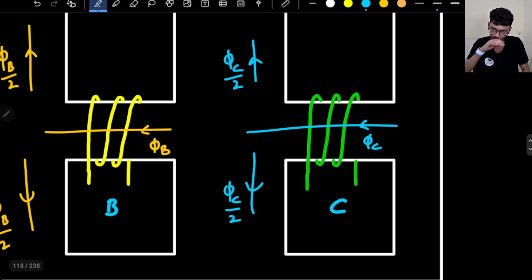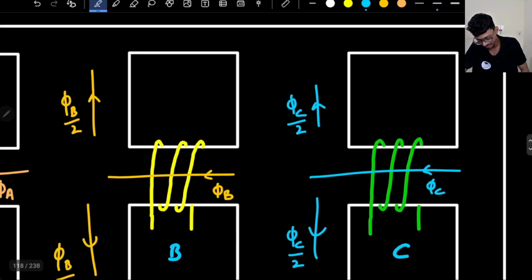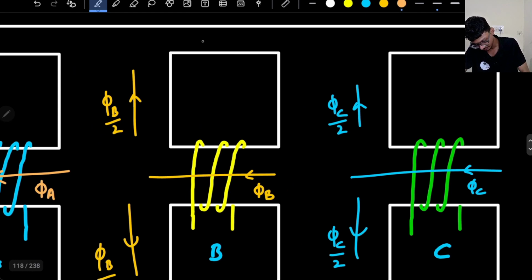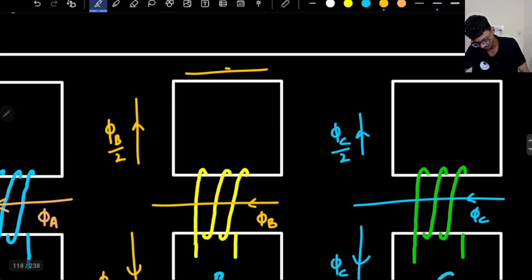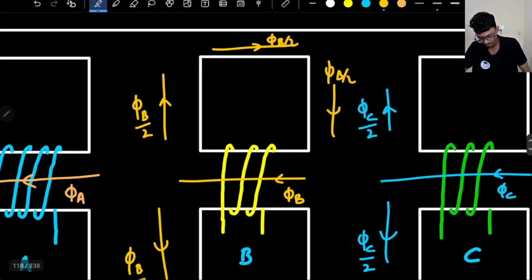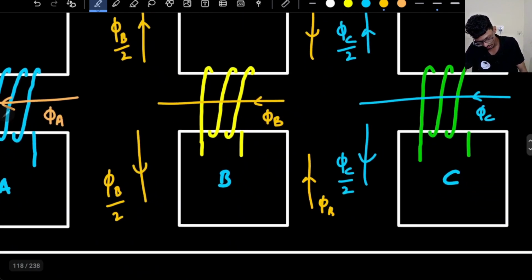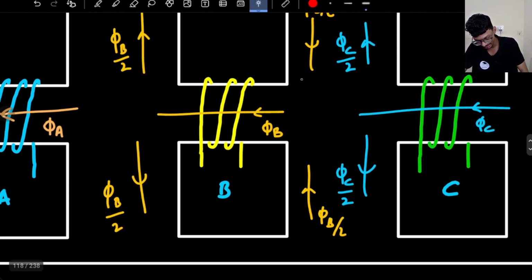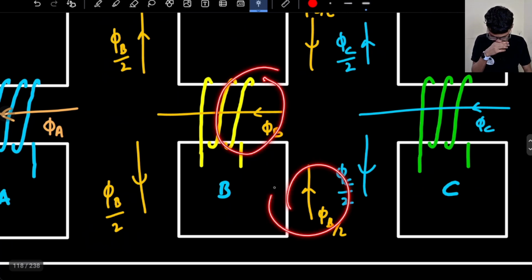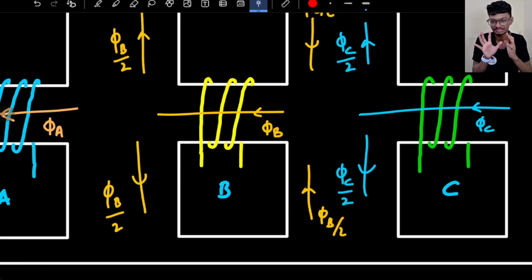What is the problem? From here phi B by 2 will go, and from here phi B by 2 will go, and same for here. If you observe, near here the flux is more and here the flux is lower, because these two fluxes sometimes subtract.